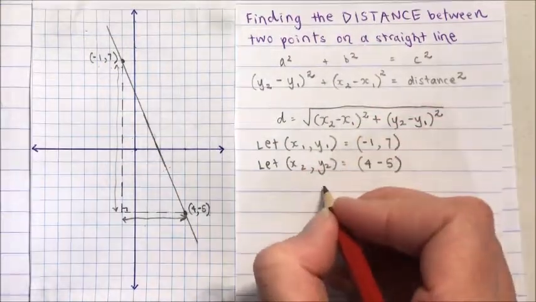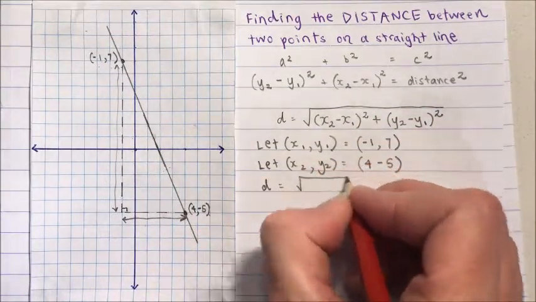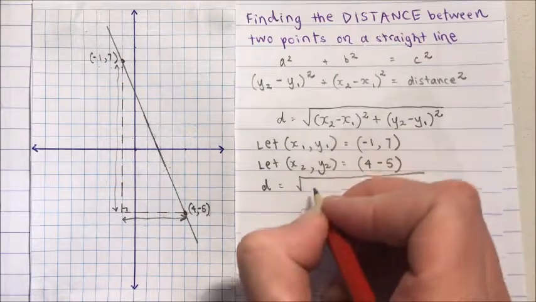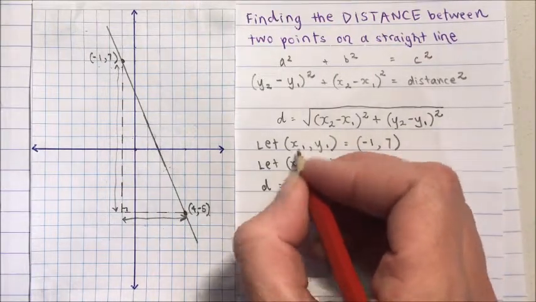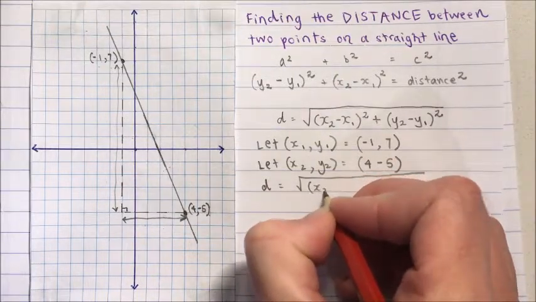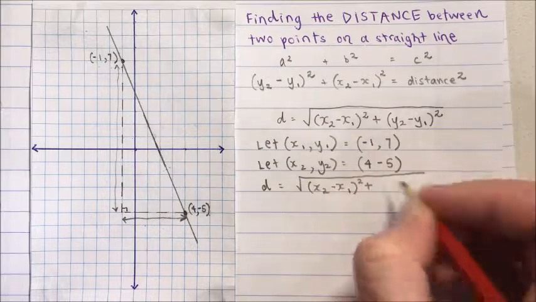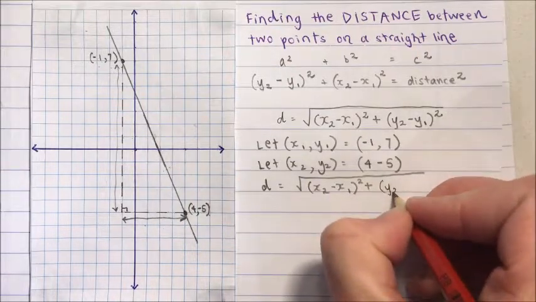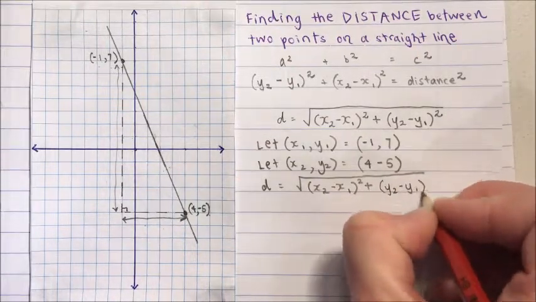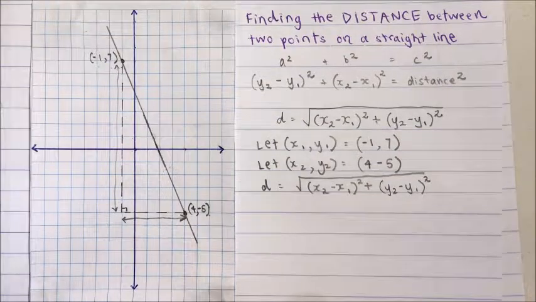We write in our formula: distance equals the square root of x2 minus x1 squared plus y2 minus y1 squared, and we're just going to substitute it in.